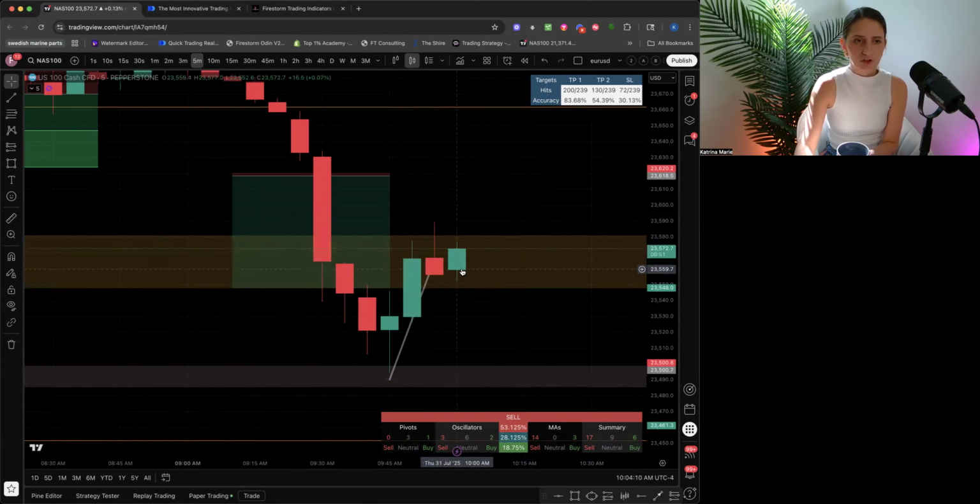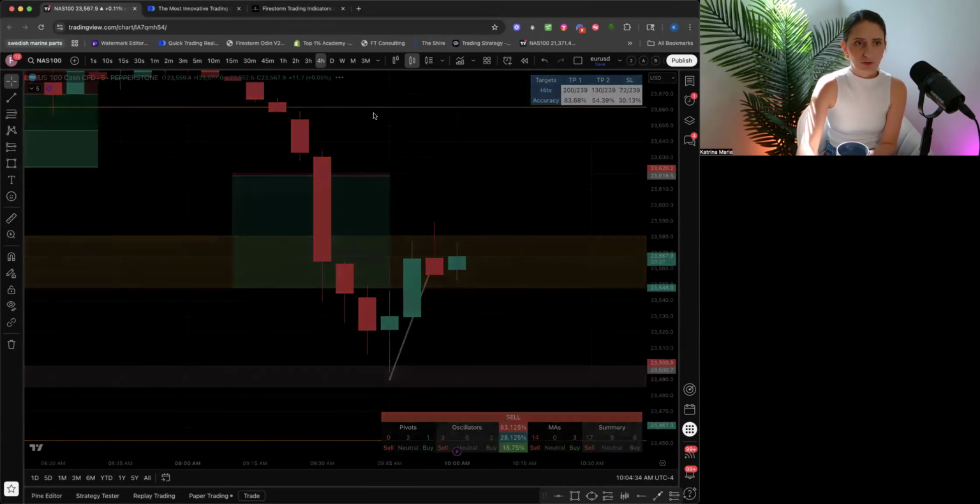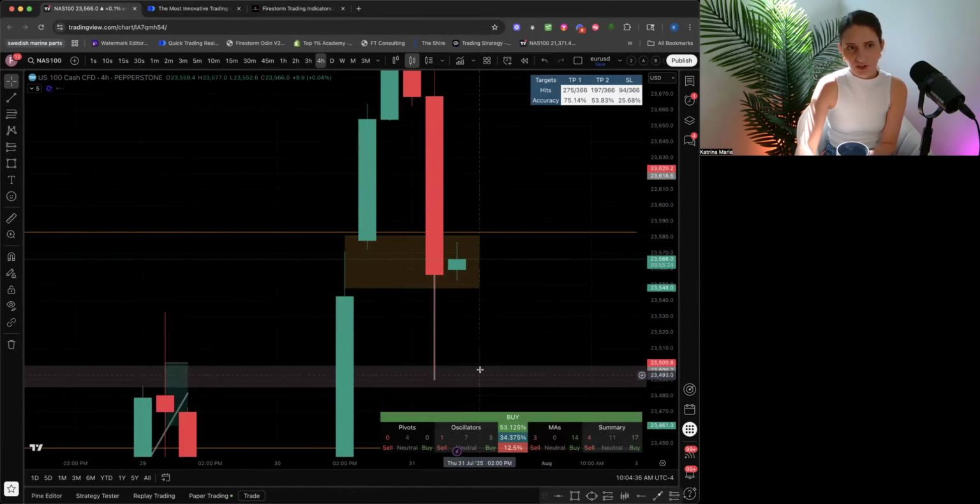Or if the second one wasn't the start of a 4 hour candle at 10 o'clock, I would have been more interested in this reversal. But because it's the start of a 4 hour candle at 10 o'clock, I'm not interested until we see clear momentum on where this 4 hour candle's going, as you can see.